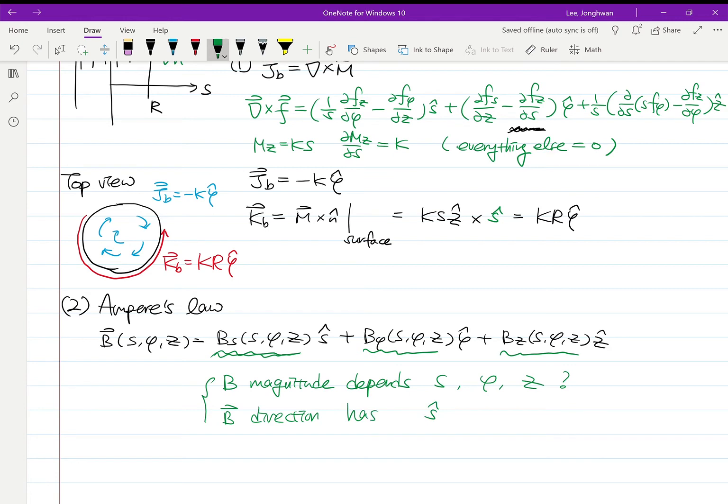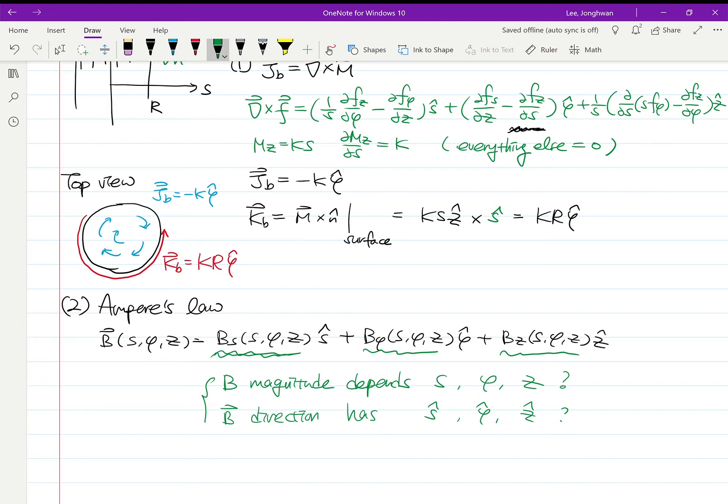As an S component, phi component, or Z component, or everything? You have to ask yourself, given the symmetry. So in this specific case, we have a circulating or rotating current along the z-axis.